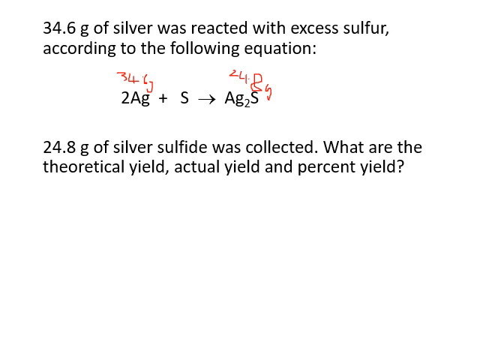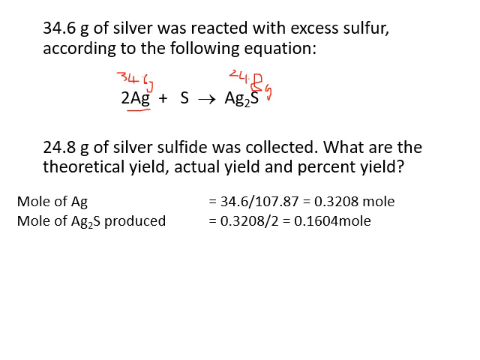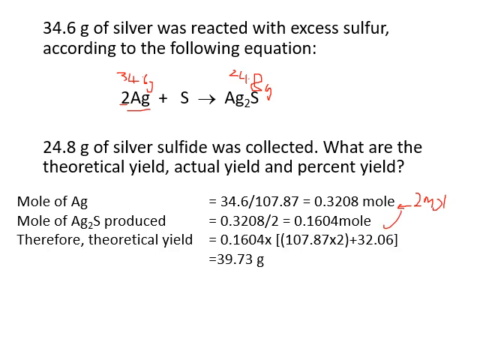Okay, so same thing, mole of this one, 34.6 over RMM of silver is equal to 0.32. Okay, divide by 2. That represents equivalent to 2 mole of this. So you have to divide by 2. So you can get this value from mole, and then you convert into theoretical yield.